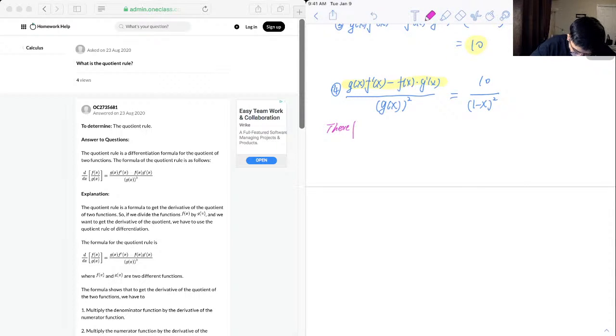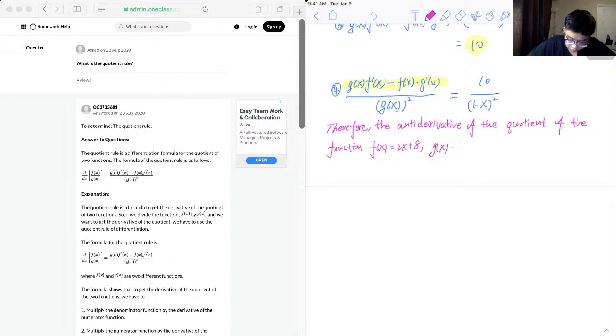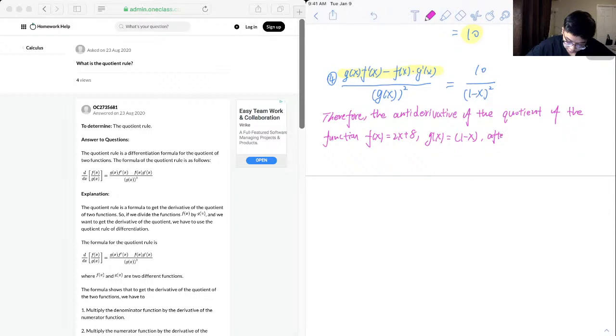Okay. So we can write our conclusion. Therefore, the antiderivative of the quotient of the functions f(x) equal to 2x plus 8, g(x) equal to 1 minus x, after applying the quotient rule, is 10 over (1 minus x) squared.